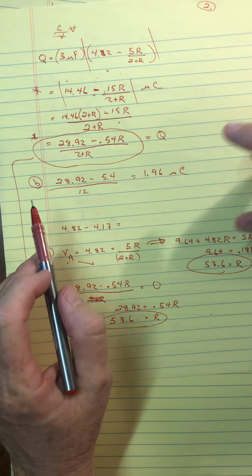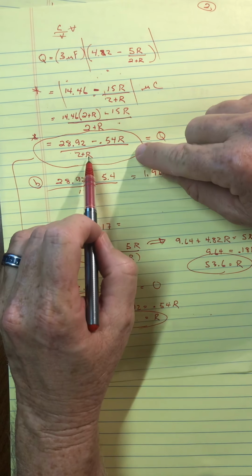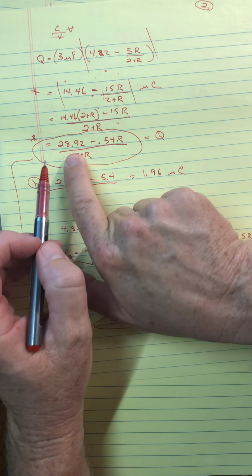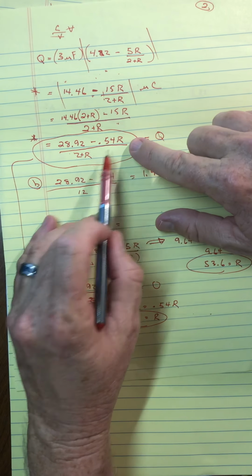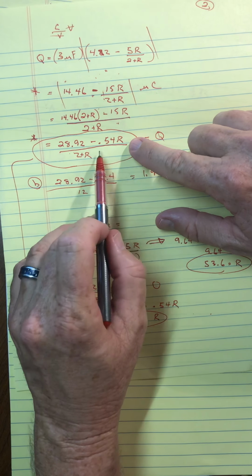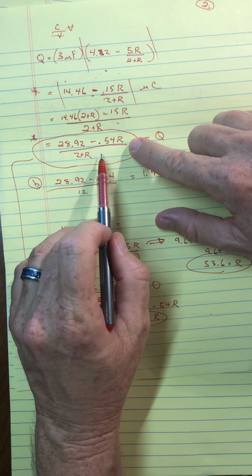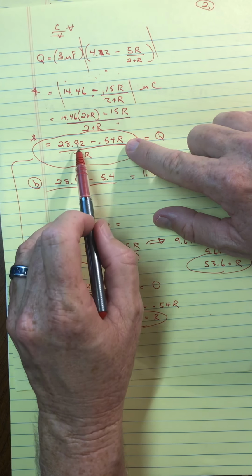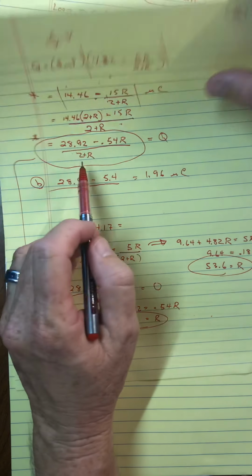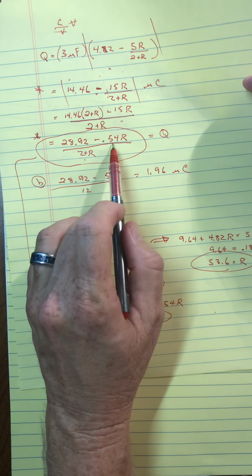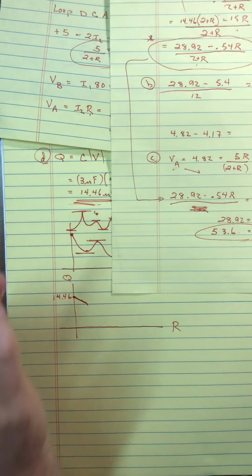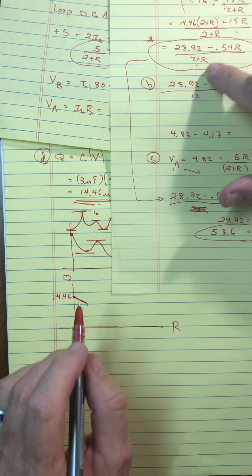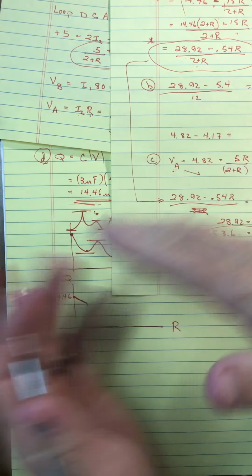But for really large values of R, then you can kind of ignore the 2 up here, and then the R's would cancel off here, and this would be so big you can ignore that. And then you would just have that cancel off, and so it would be a negative 0.56, and so it would be something kind of on the bottom.